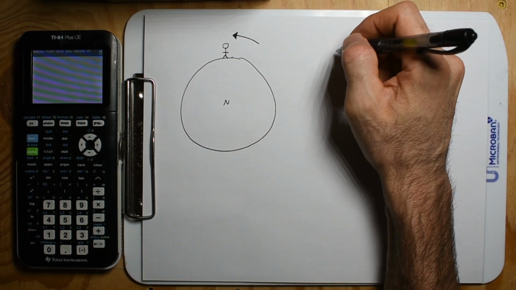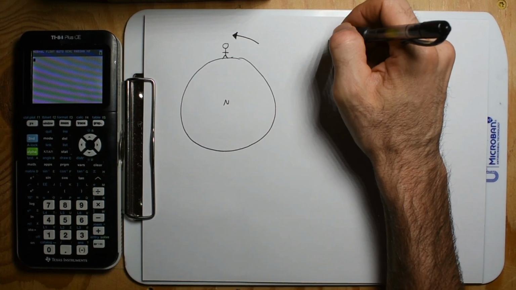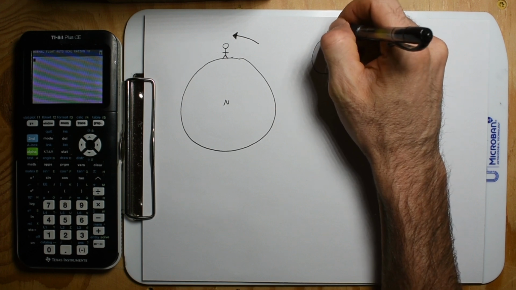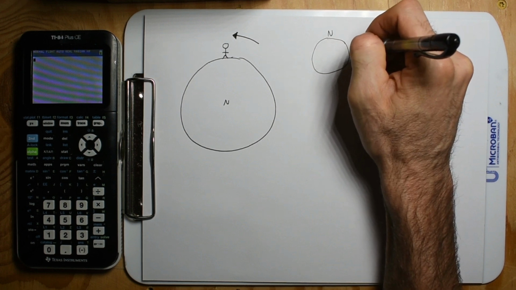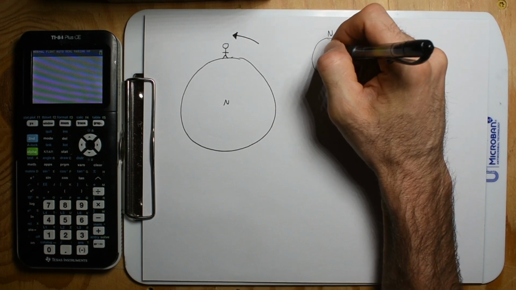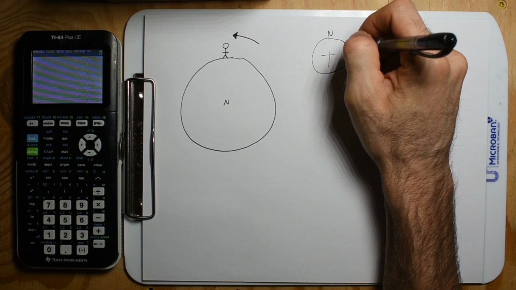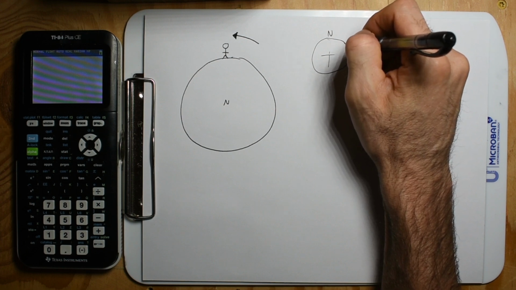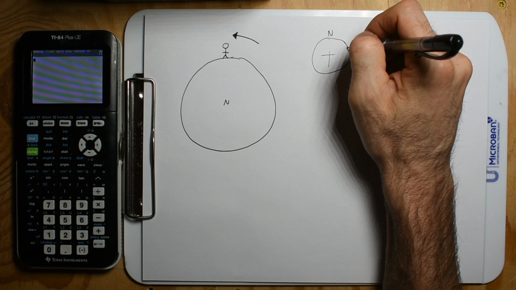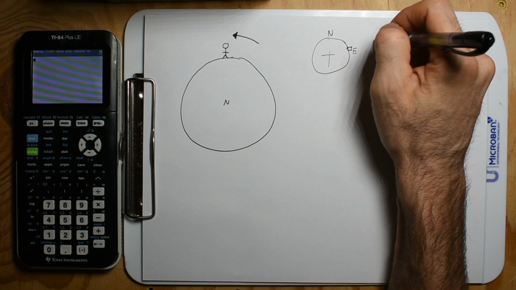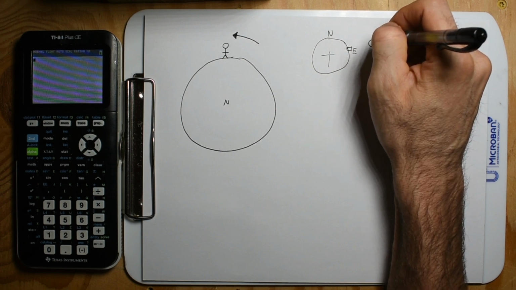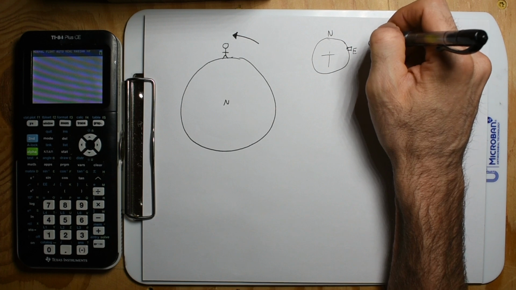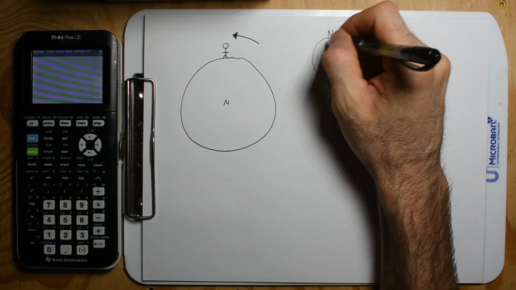But let's see. If north is this way, and east is to the right on a map, and in the east you have New York City. New York City sees the sun first. The sun doesn't move, but the Earth rotates.